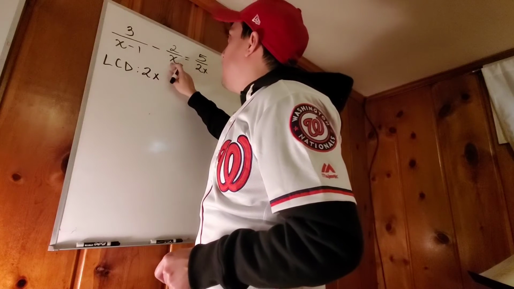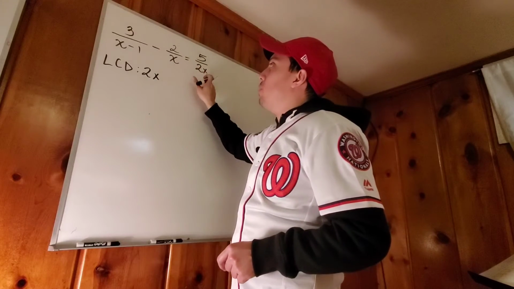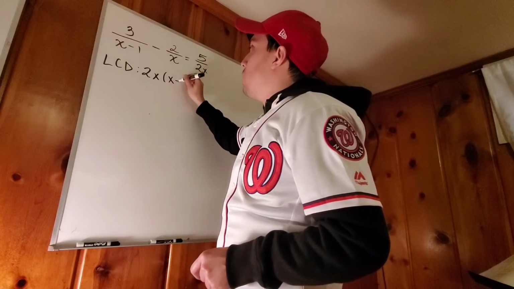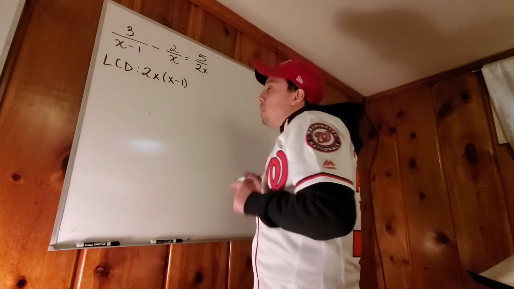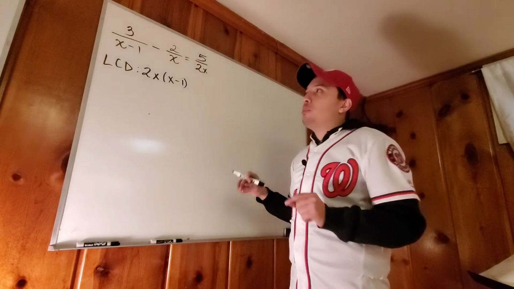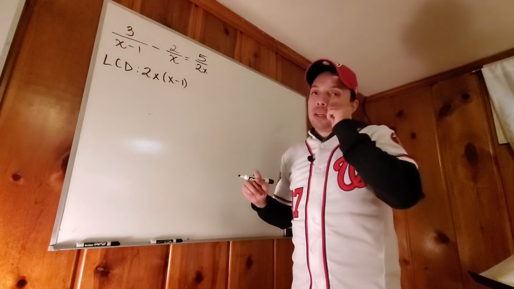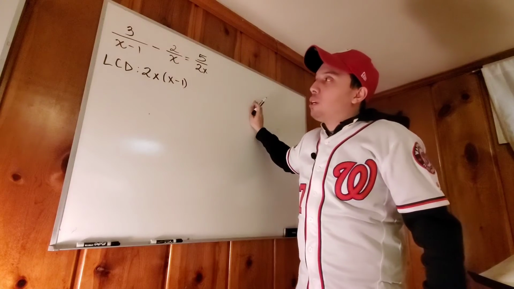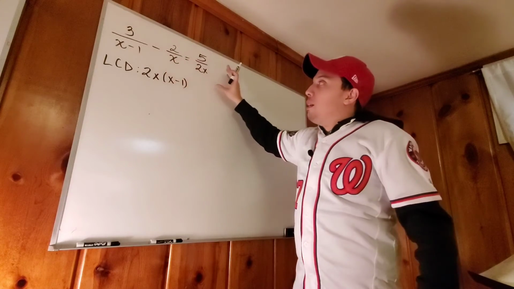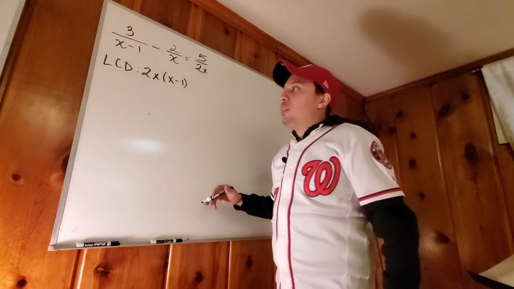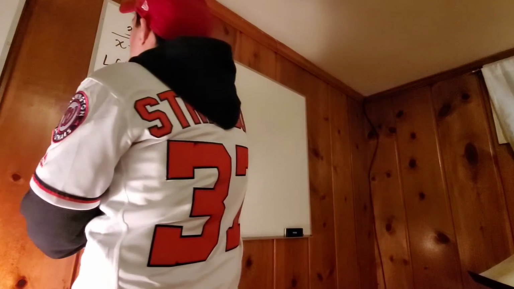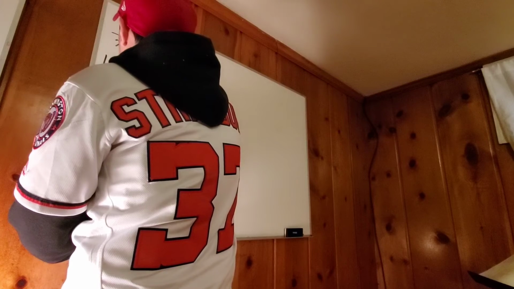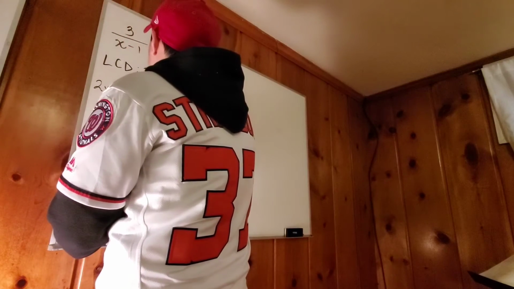We have to have that x because this is going to be common in between these two. And then we have to have the x minus 1 because that's what is missing here. So please pay attention because we're going to solve it a little bit different than the other ones that we have done before, just because we have a denominator in every one of the expressions for this equation. And so what we're going to do is multiply everything by 2x times x minus 1. And you'll see what's going to happen.